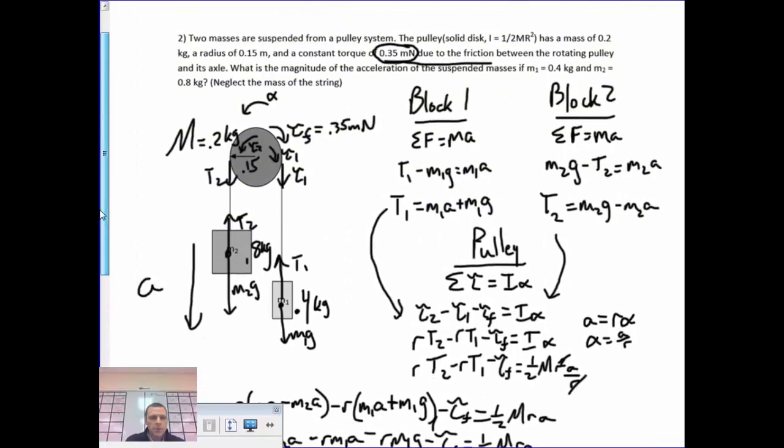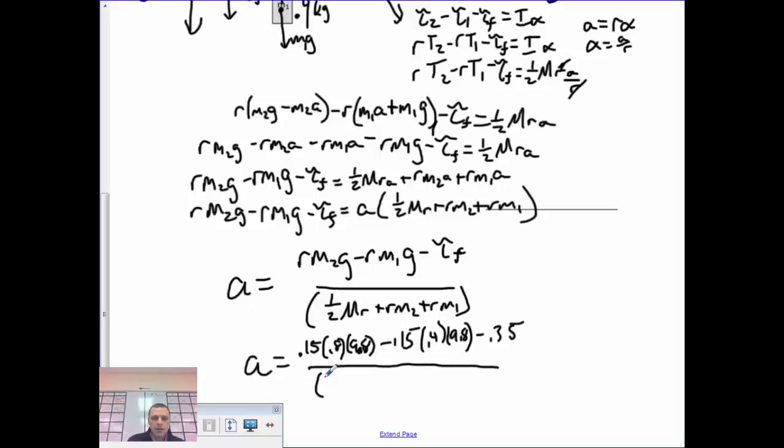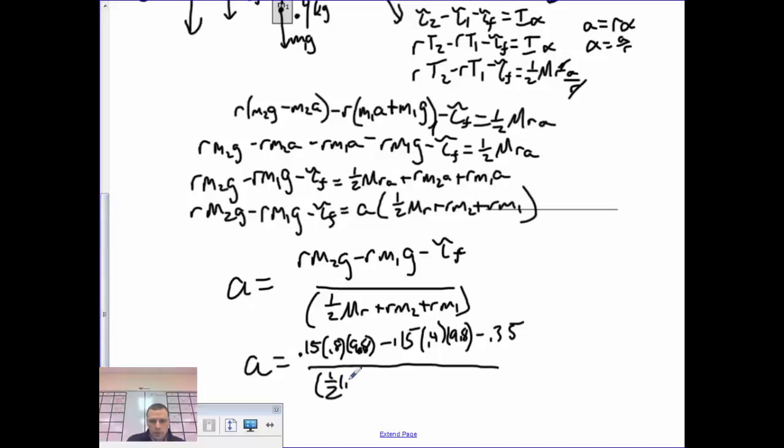The radius is, see if I remember, I think it's 0.15, times 0.8, times 9.8, minus 0.15 times 0.4 times 9.8, minus 0.35, that was the frictional torque value, divided by, here come the masses again, 1/2, let's see what the pulley was, I forgot, 0.2, there's a radius, so the pulley was 0.15, plus in the denominator, 0.15 times 0.8 plus 0.15 times 0.4.